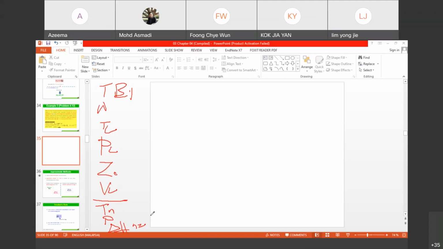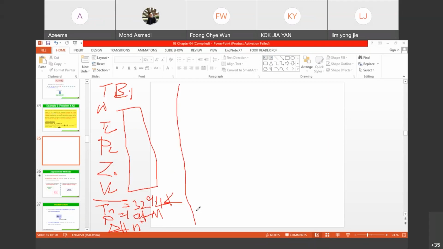This one is from table B.2. Hn is for P equal to 1 atm. This one you determine. Tn is equal to 329.4 Kelvin. So this is the pure substance, only acetone.